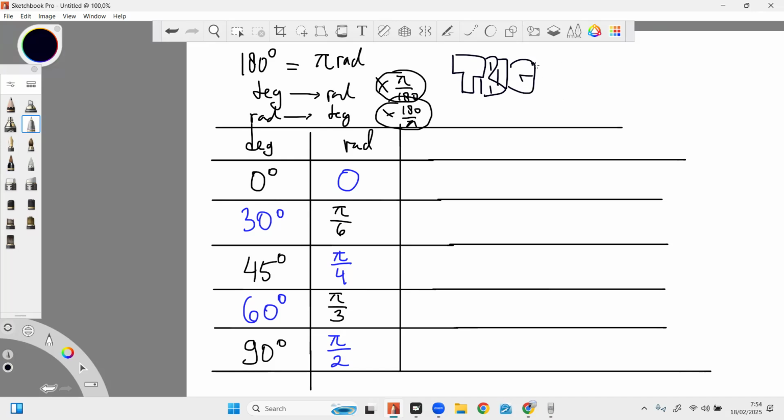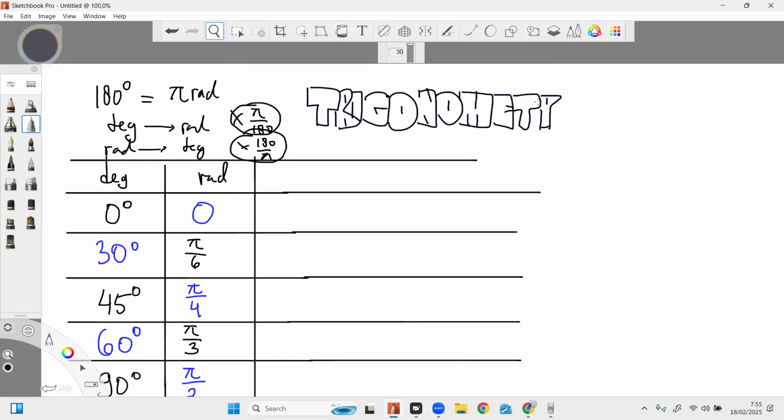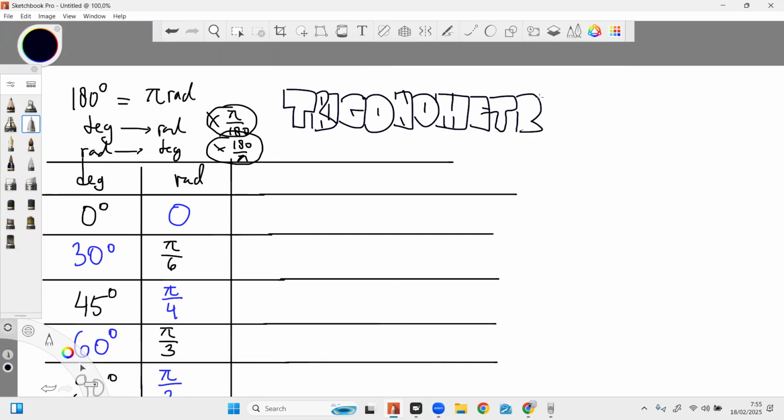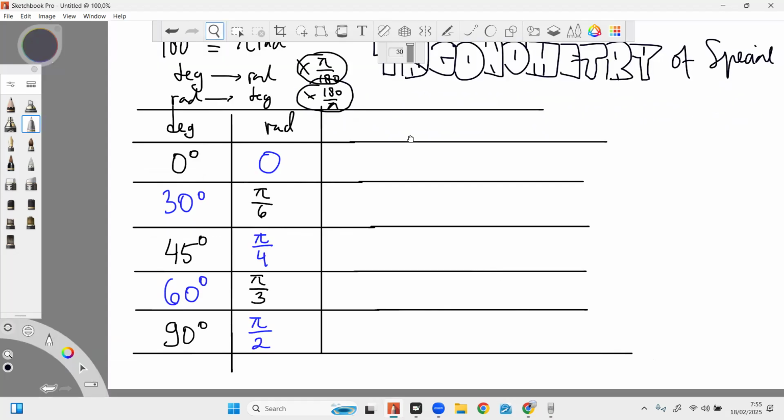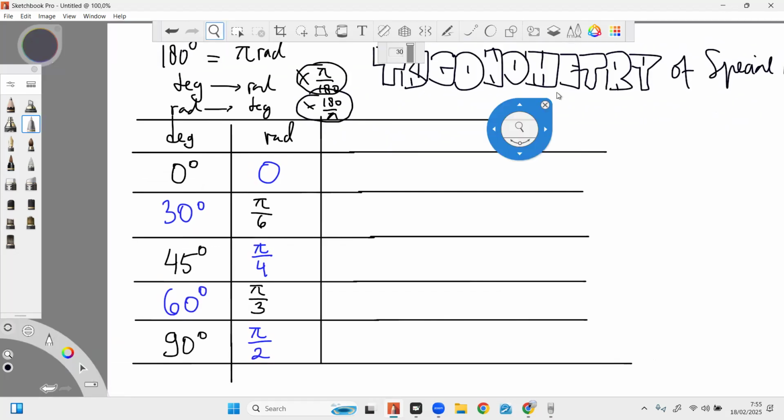Trigonometry of special angle. So we have at least 5 special angles, which is 0, 30, 45, 60, and 90, or 0, pi over 6, pi over 4, pi over 3, and pi over 2 radian.